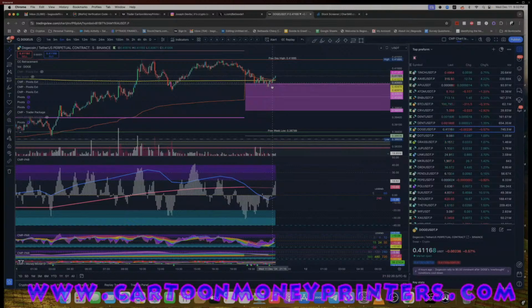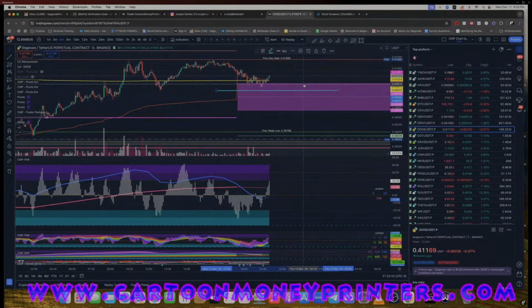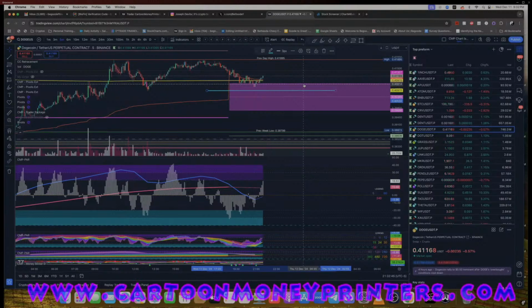If you're looking at market structure on the 5 minute, you'd want to see it break that local high and then close a candle above it in order to have that be a confirmation. That high would be where price is now, to the left, the high of that candle. Down on the 5 minute structure, right there. You're going to want a candle to close above that for confirmation.